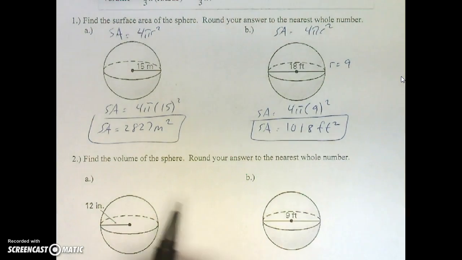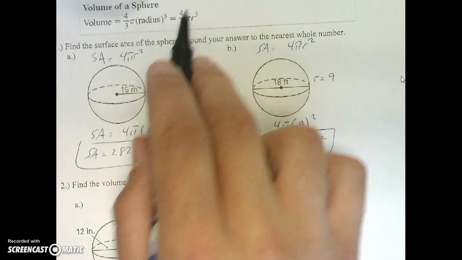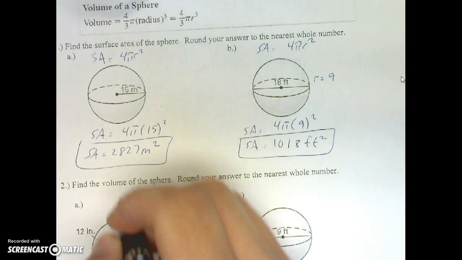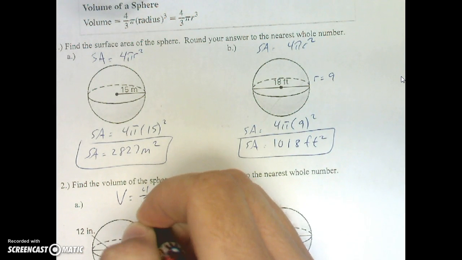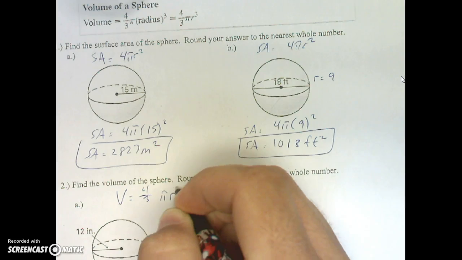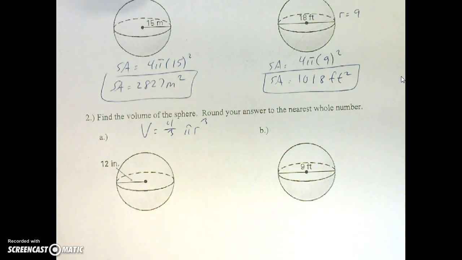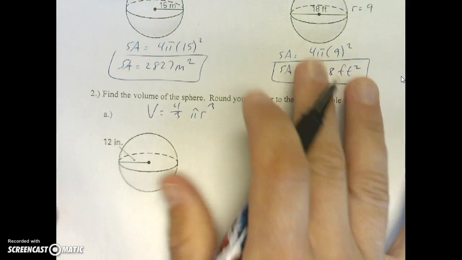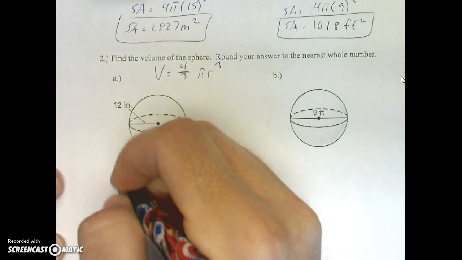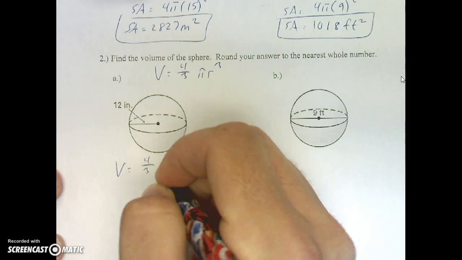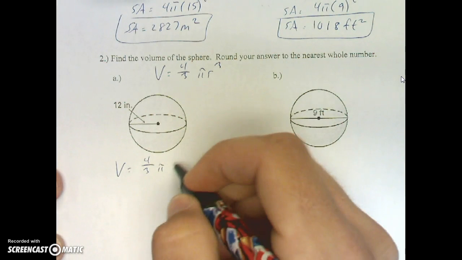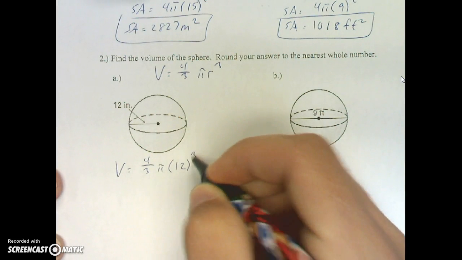Now, find the volume of a sphere. We're just referring to our formula: volume equals 4/3 pi r cubed. Where's the difficulty in this problem? It's just finding the radius, which I don't think is that difficult for you guys. So volume equals 4/3 pi, and my radius in this problem is just 12 cubed.